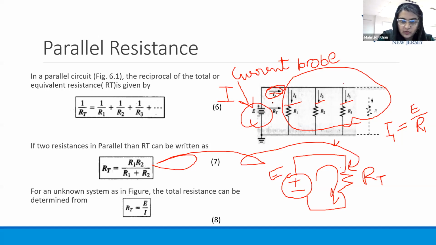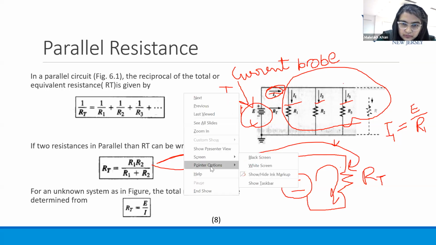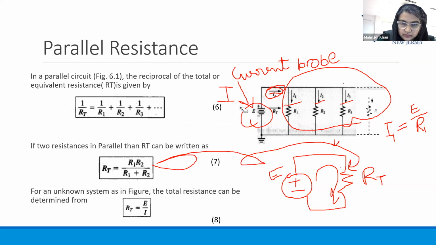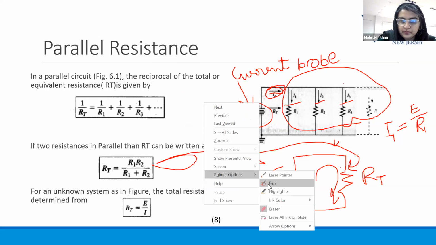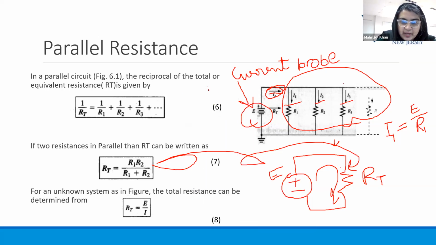That is total I or IS, whatever it's saying. But it will be the simulated value, right? So whatever you find through the current probe will be your simulated value. So this will be I sim.